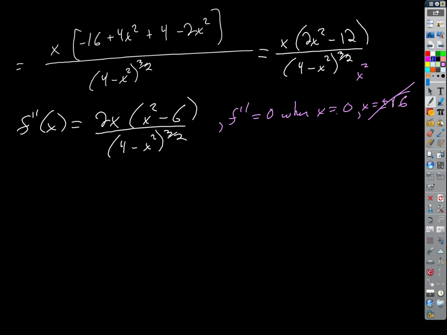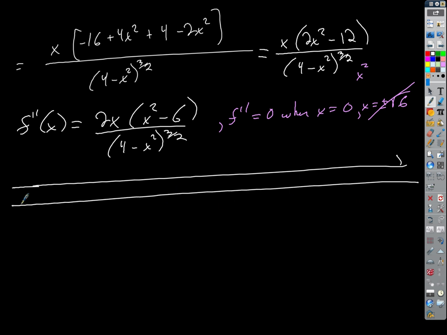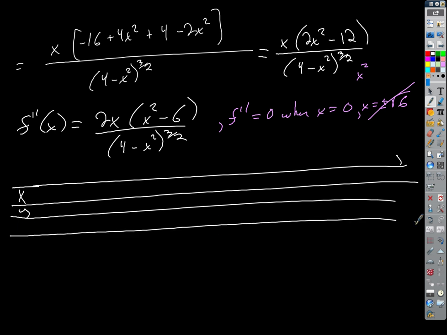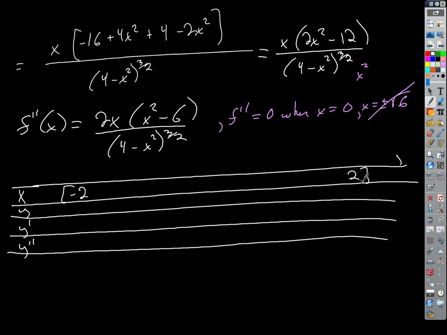And so now all we have to do is make our table. So our domain went from -2 to +2, closed interval. What was our first derivative critical numbers?